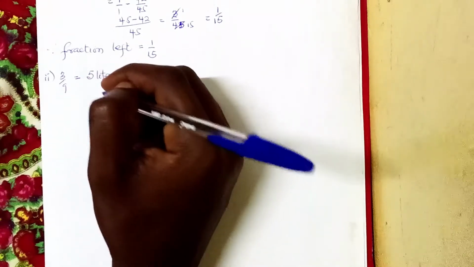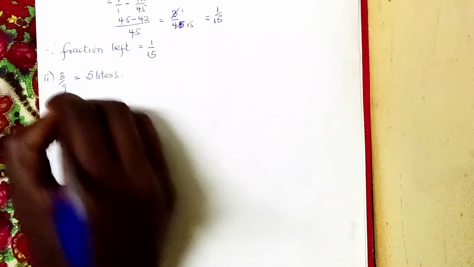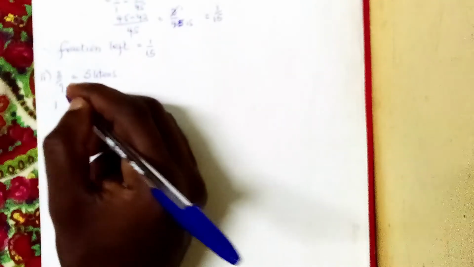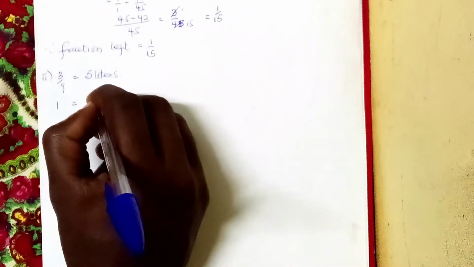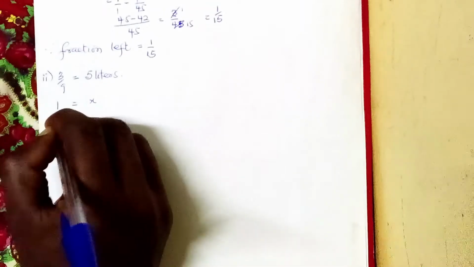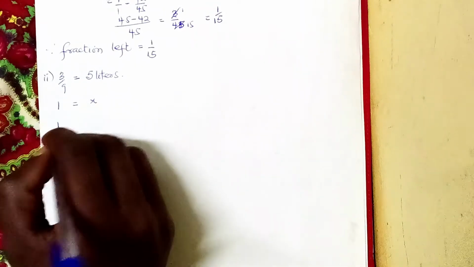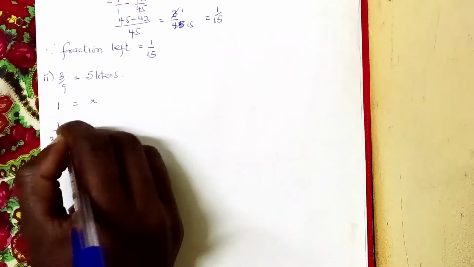And we said the total fraction of the fuel was 1. So if 3/9 is equal to 5 liters, then 1 is equal to x. So now we do if less, more divides. So we have 1 over 3 on 9 by 5.